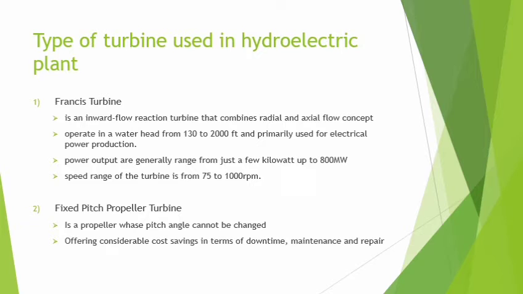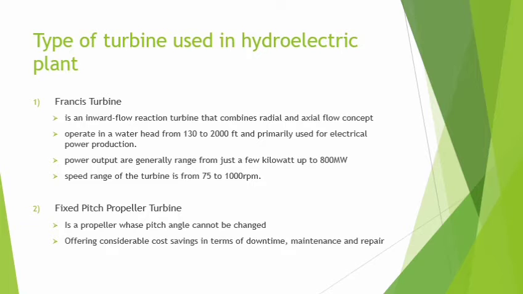Types of turbine used in hydroelectric plants. Number 1. Francis turbine. The Francis turbine is an inward flow reaction turbine that combines radial and axial flow concepts. It operates in a water head from 130 to 2000 feet and is primarily used for electrical power production.